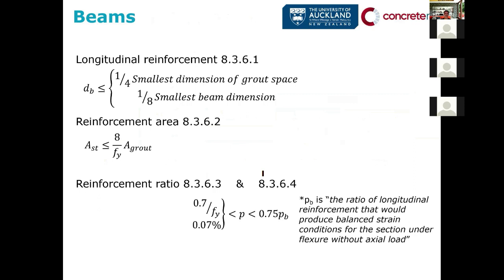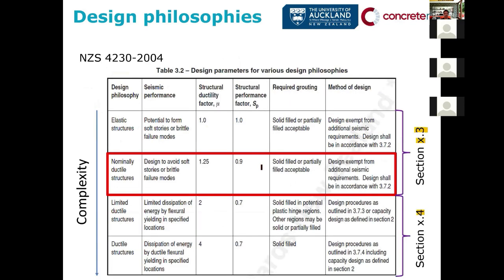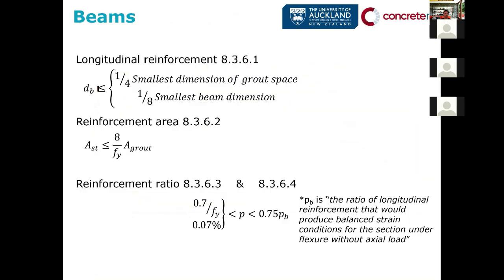I'm going to start with beams, just because it's the simplest. So it's chapter 8, and we are going to be focusing on 8.3, the nominally ductile and elastic structures. There is a limit on the diameter of the bar, which is the smallest of 1/4 of the smallest dimension of the grout space, so that's the void inside the block, or 1/8 of the smallest beam dimension, that's the external dimension.